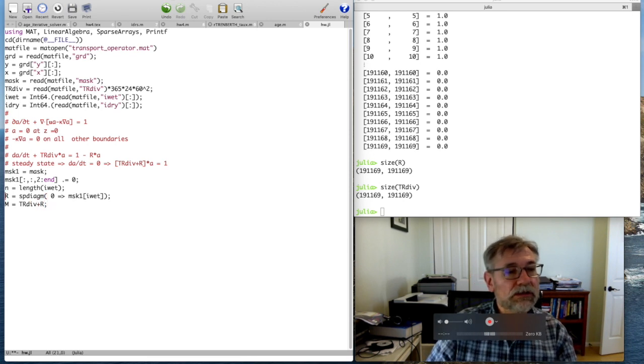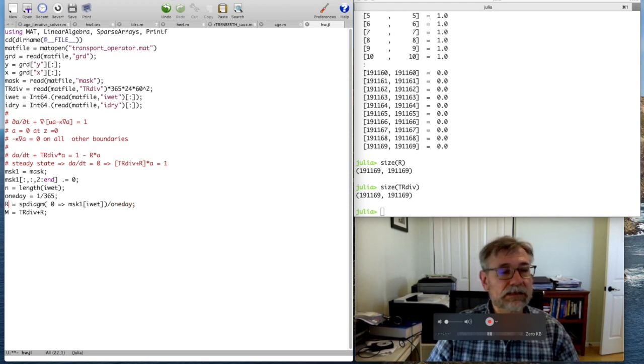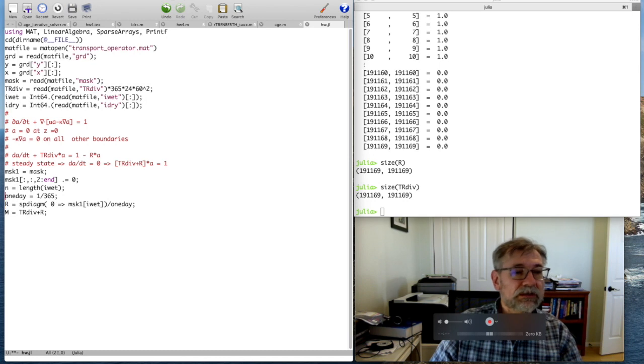Oh, but R is a restoring operator, so I need to give it a time scale. I'm going to give the time scale to be 1 day, which in years is 1 over 365. So all my units are going to be in years now. R now has units of per year, the same as the flux divergence operator trdiv.